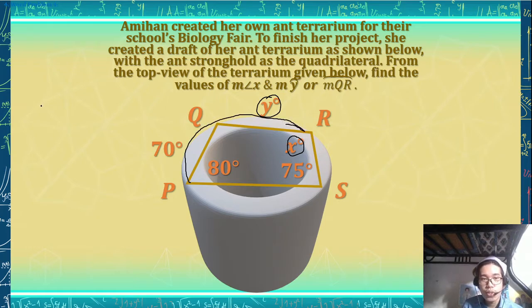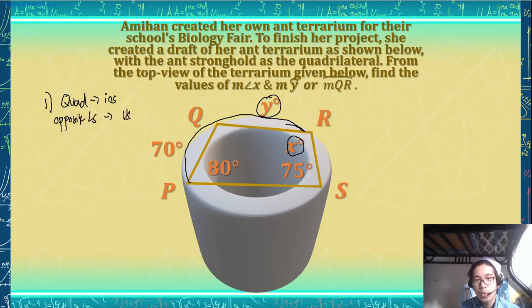We have to first remember the theorem about a quadrilateral inscribed in a circle. According to that theorem, if a quadrilateral is inscribed in a circle, then the opposite angles are supplementary to each other.